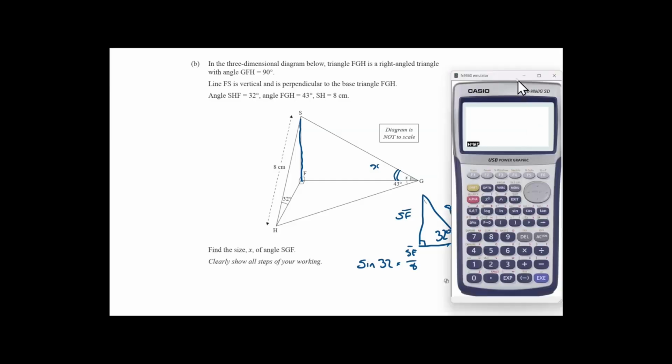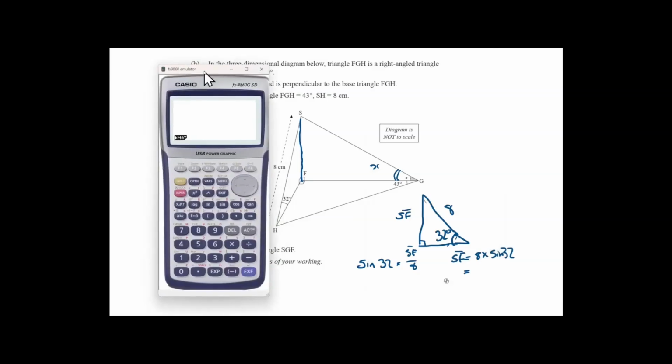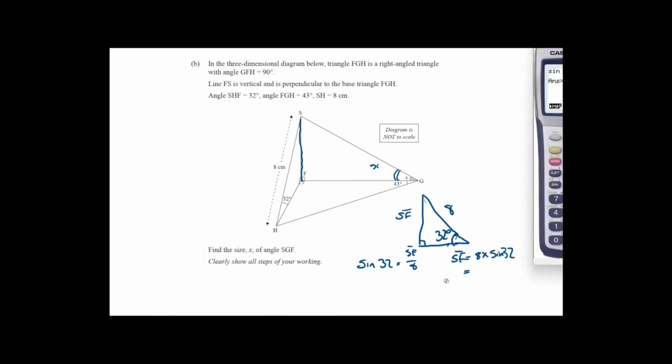Grab your calculator, make sure it's in degree mode. Sine of 32 times 8 is 4.23, we'll say 4.24. So this is 4.24. Let's put that on there.